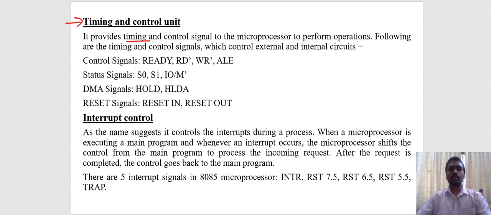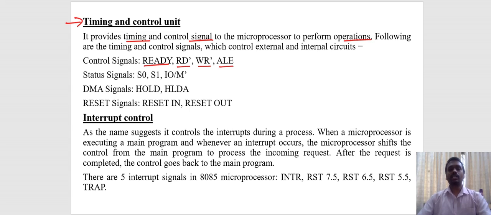So it provides timing and control signals to the microprocessor to perform operations. Some of the control and status signals generated by this unit are control signals like ready, read, write and ALE.